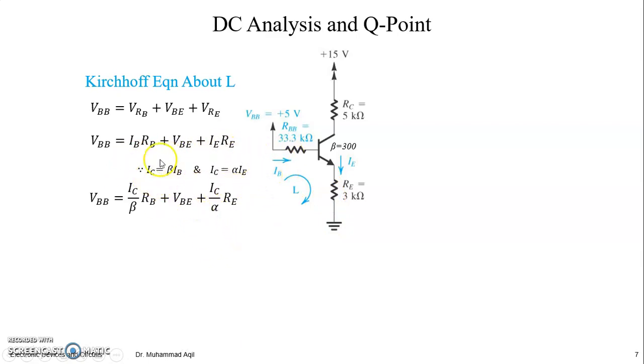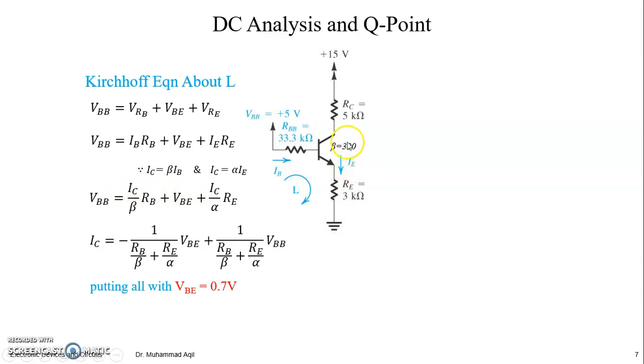And by using these relations of IC to IB and IC to IE, we can replace IE and IB by IC, right? And because we are working with an amplifier, let's arrange it for IC, and VBE would be nearly 0.7, so we can put it here. VBE is selected to be 0.7 for an amplifier, and all other variables are already given to us, so we can find IC here, right?